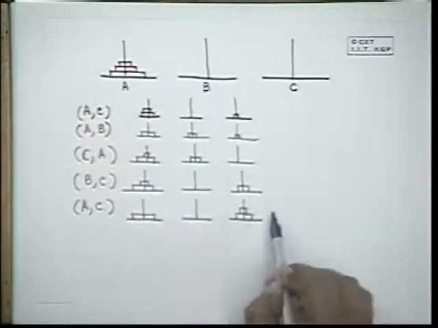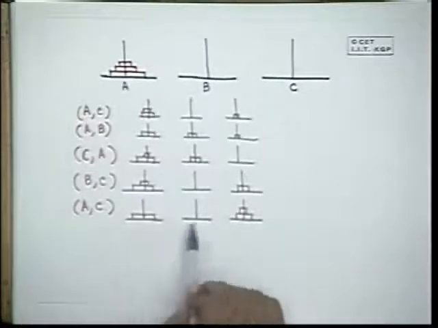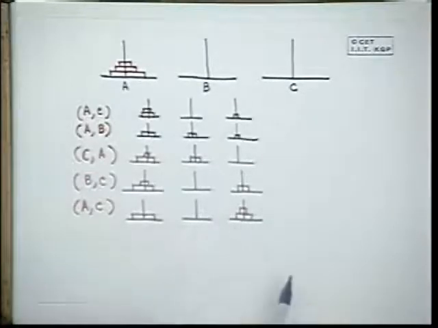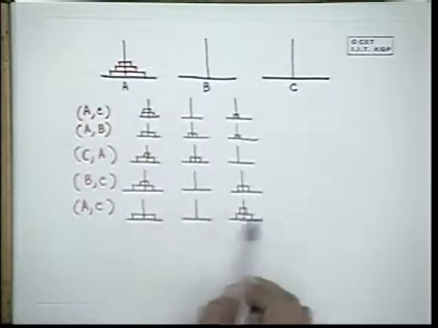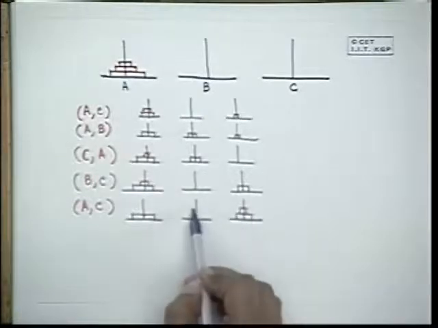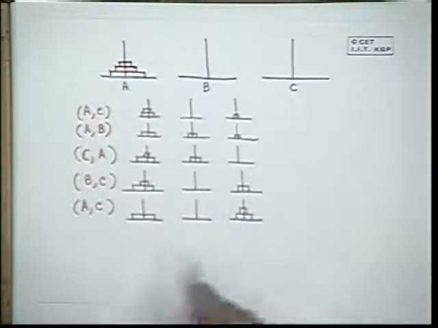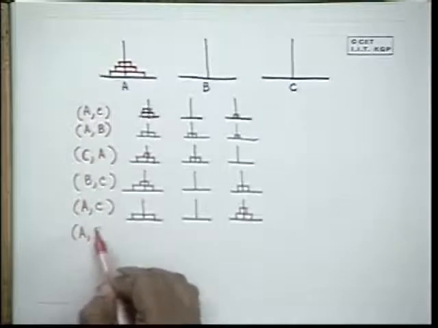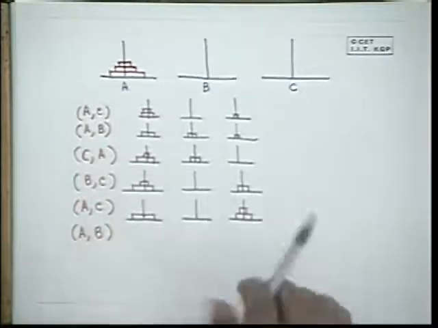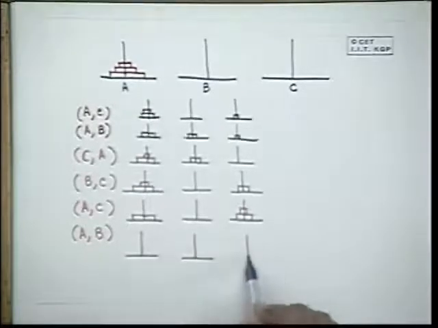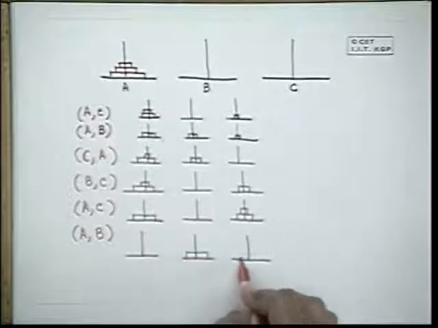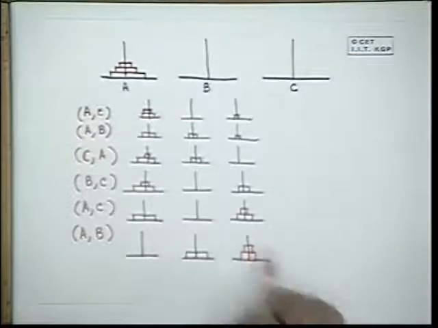Look, this is a very crucial position, because this is a position where I know that if I can get to this position, I can solve the problem. Isn't it? Because if I move here, then I know the sequence of steps, because two disks I can move on top of this. That is, now if I move from A to B, I have done this.